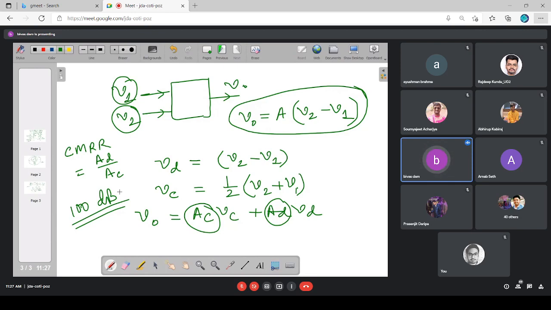So for that we must ensure an almost infinitely large CMRR, but since infinitely large is not possible, we try to go for around 80 to 120 dB CMRR.